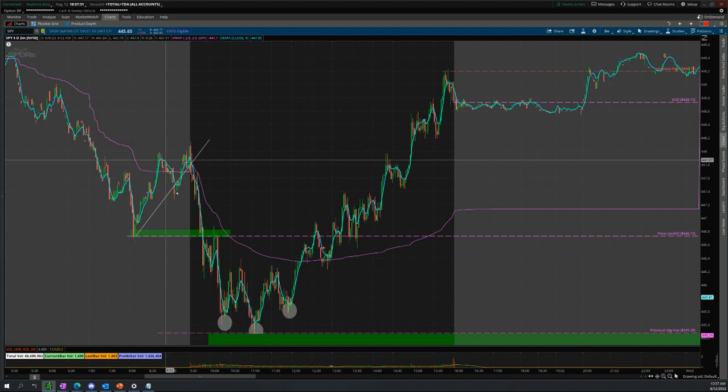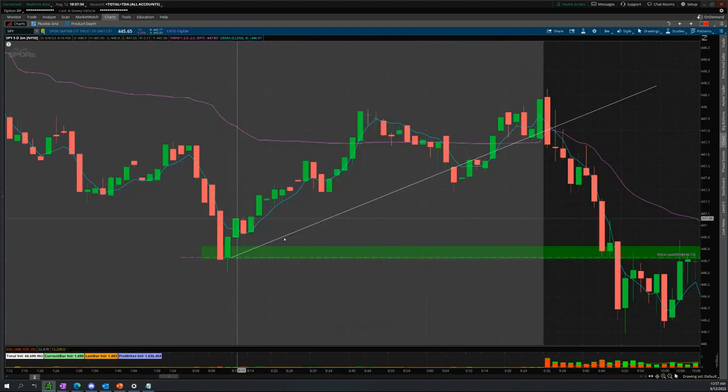So now next time price comes into this level, right, they take the market long. You can see a little green candle. These are buyers, right? And then sellers come in, boom. Now these buyers that went long here at 446.73, right? They go long again. Now they're in losing trades, right? Now these people are down 10%, they're down 30%, and now they're looking for a place to get out, right?